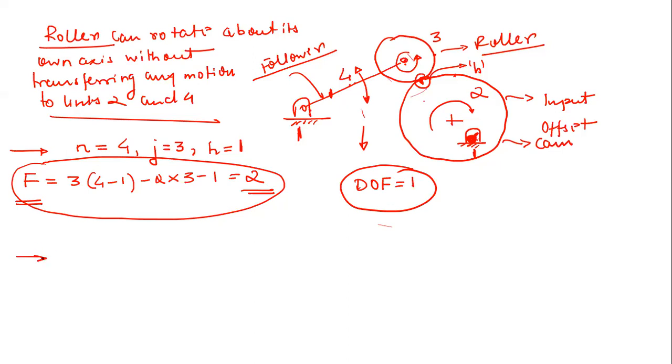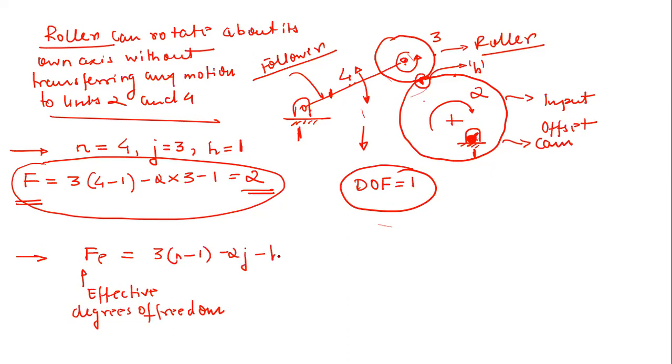So now the formula will be simply modified. In this case, we will call this the effective degrees of freedom. Very important. Effective or actual degrees of freedom, you can say. So the effective degrees of freedom formula is going to be modified: 3(n minus 1) minus 2j minus h, right, and let Fr be equal to the redundant degrees of freedom in the mechanism.